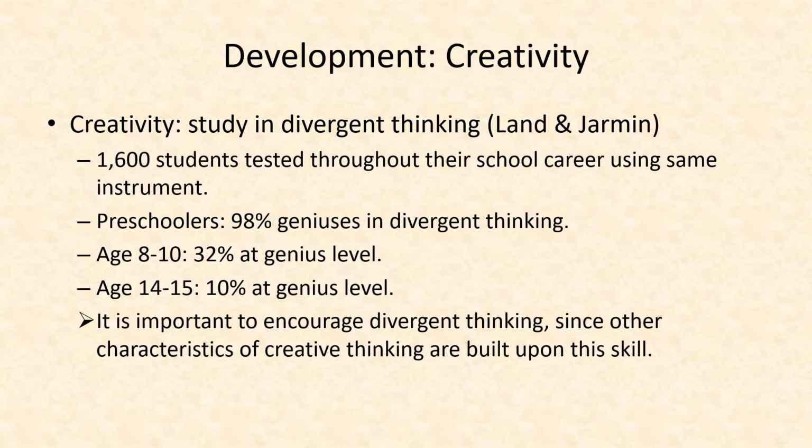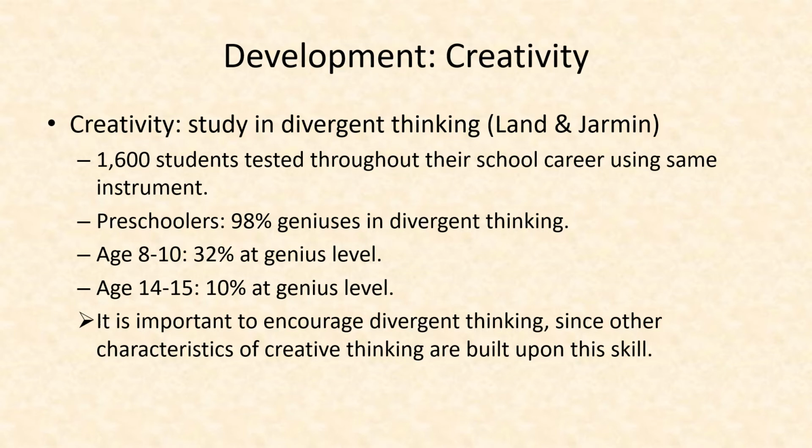Since creativity is such an important facet of being a productive adult in society, let's take a better look at creativity. One study looked at creativity in terms of divergent thinking, and it looked at approximately 1,600 students who were tested throughout their school career. They used the same students, the same instrument to measure the differences.